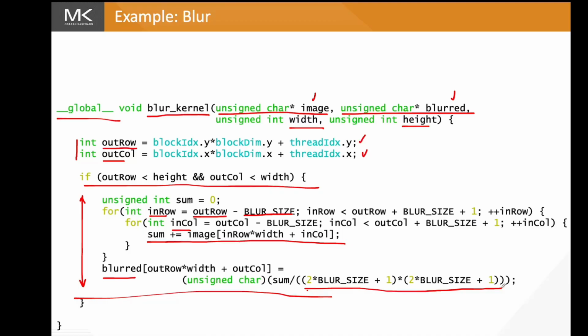Quite simple logic for this problem, right? So each thread gets the data from the input image, computes the sum, then computes the average, and writes the result into the blurred image.